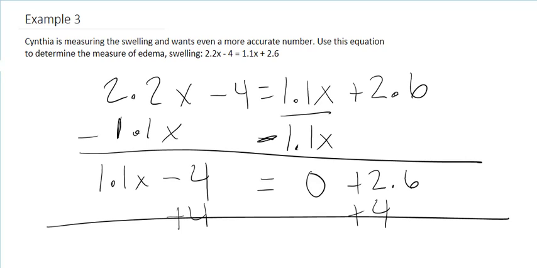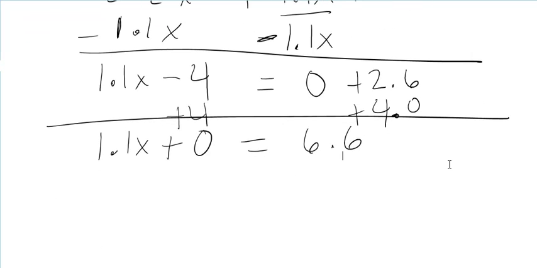Oops, looks a little off, but minus 4 plus 4 is equal to 0, which is equal to now 2.6 plus 4. So we're really just looking at adding the ones, so we just do this. So now we're left with 6.6. So now here we are, we need to get x by itself.